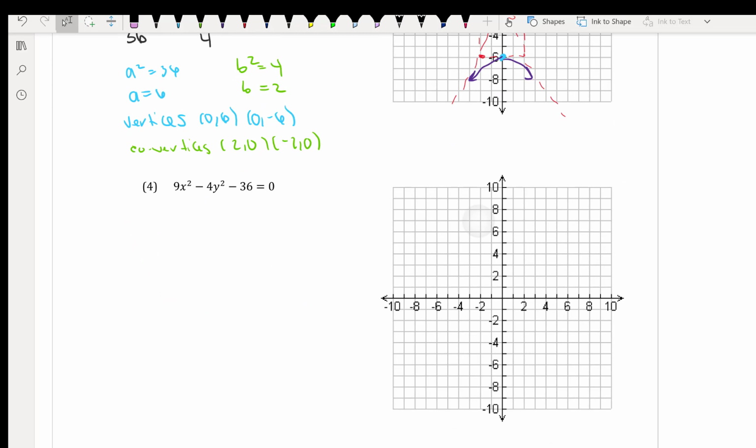Now I'm going to do the exact same thing with number 4. So I am going to get the 36 on the opposite side, so add 36. So I'm going to have a 9x squared minus 4y squared is equal to a positive 36. Now I'm going to divide everything by 36.